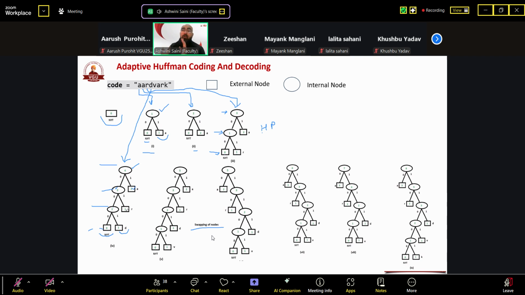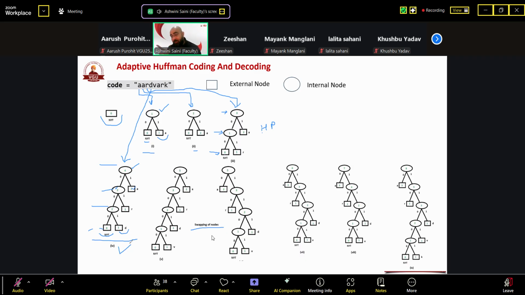The rule is either we have the same value left and right, or we have a higher value on the right side. Here we have 2 and 2. We are satisfying the Huffman property, and here we have 4. We have no other term to compare.